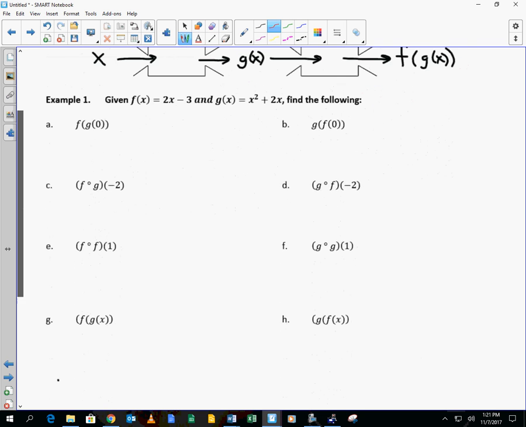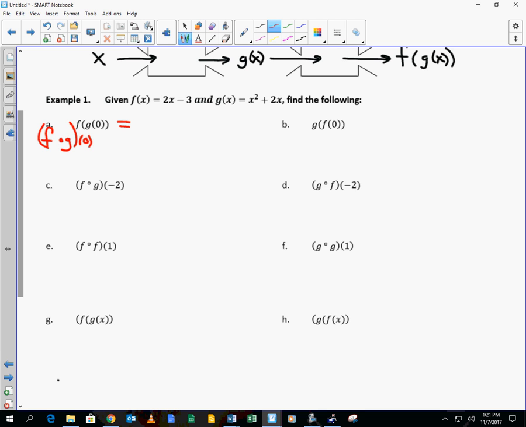So let's try to evaluate a few problems. It says f of g of 0, which, by the way, is the same thing as f of g of 0 written the other way. Those are the same. You don't have to write it when you do the problem. I just want you to understand those are the same. So in this problem, what do I do with the 0 first? I plug it into g, and what do I get? I get 0.